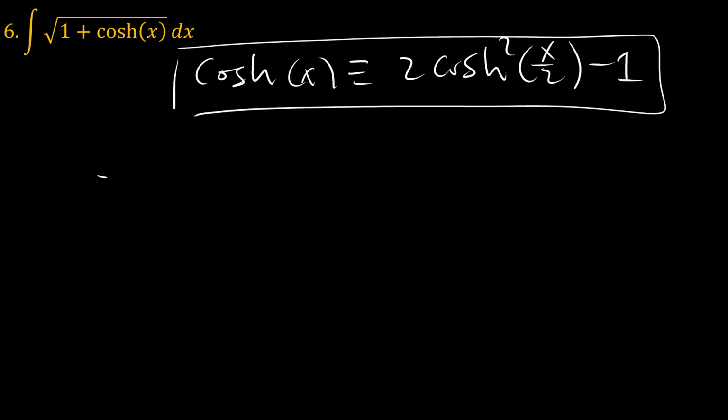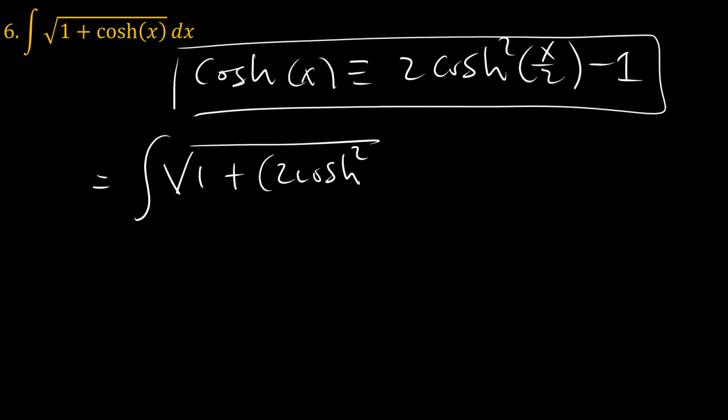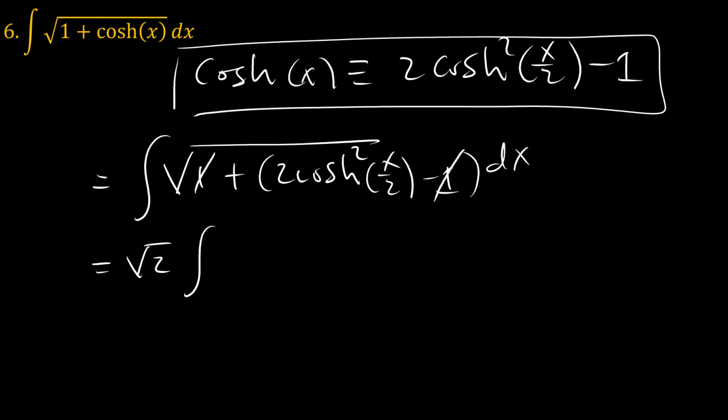And that means our integral now becomes the integral of the square root of 1 plus twice cos squared x over 2 minus 1, such that this and that cancel, and we do now have square root of 2, the integral of cos of x over 2 dx.